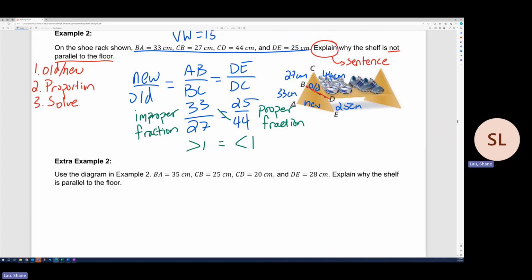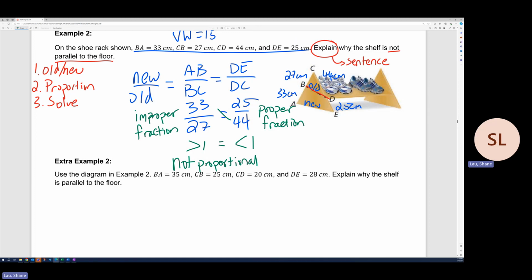Okay, so that is our conclusion here. Not proportional. And so we reason it out. We're going to use that second theorem that we learned. Because it's not proportional, it is not parallel to the floor.